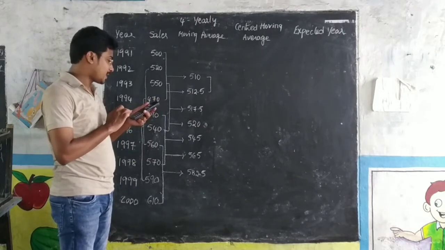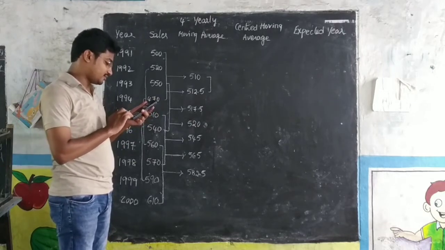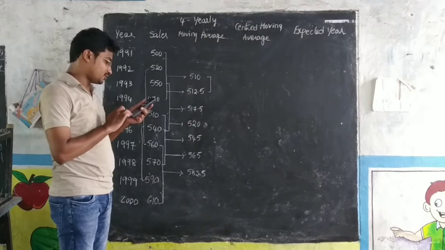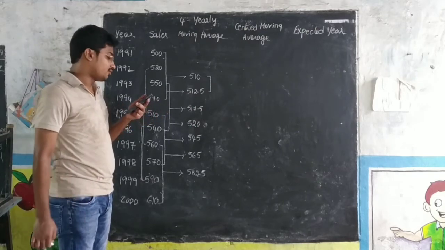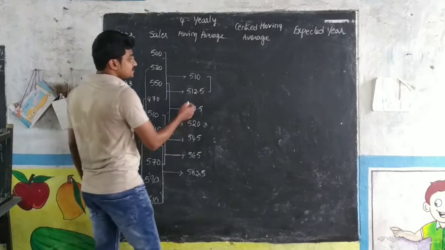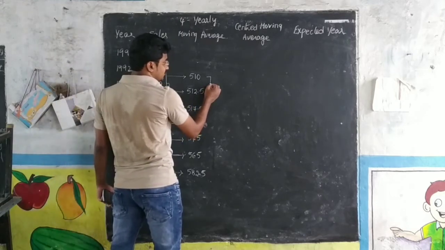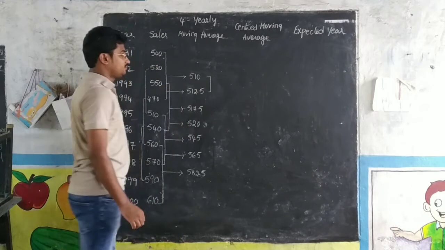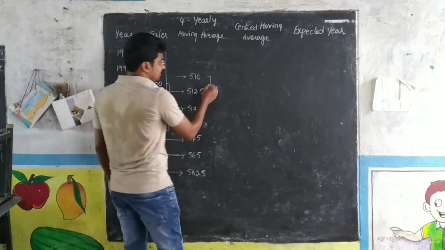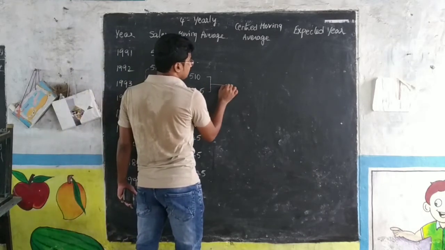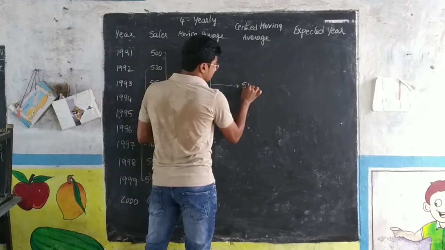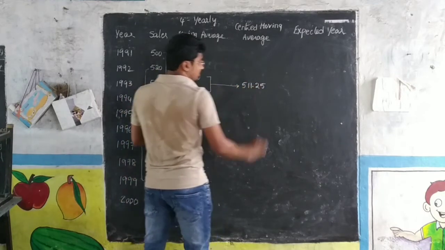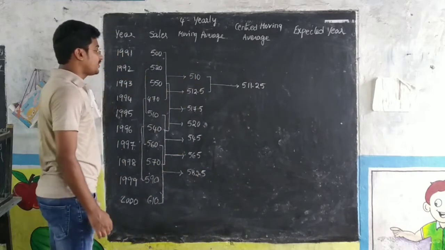510 plus 512.5 divided by 2 is 511.5. Place that value in between the middle. The average value is 511.5.